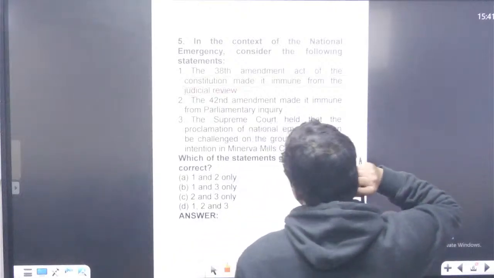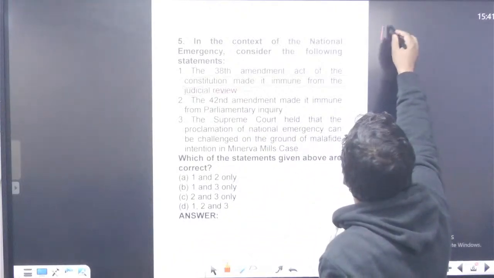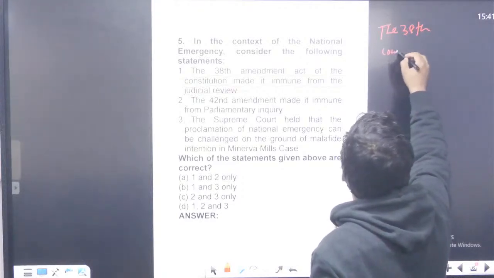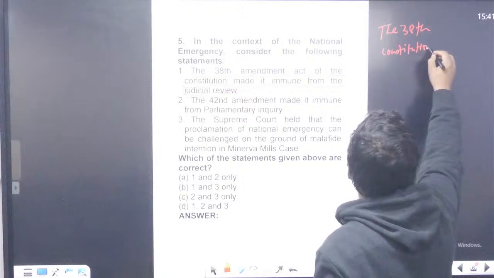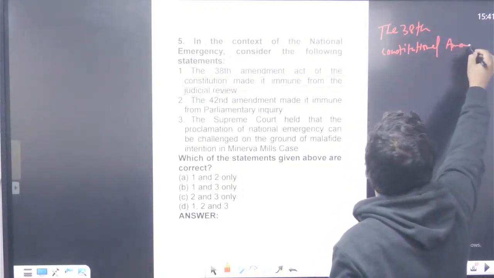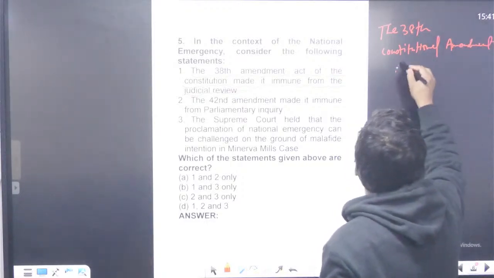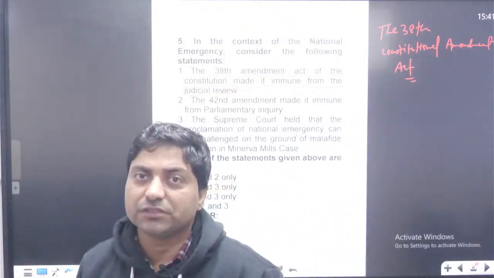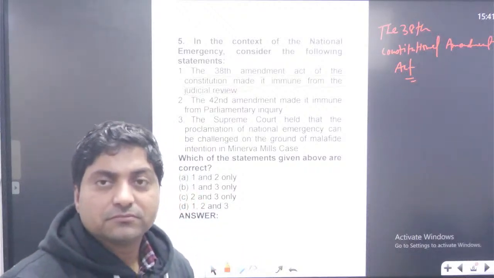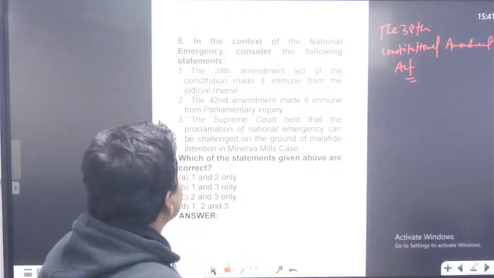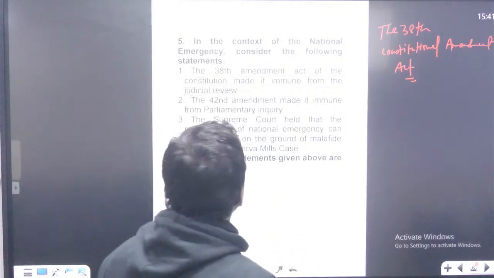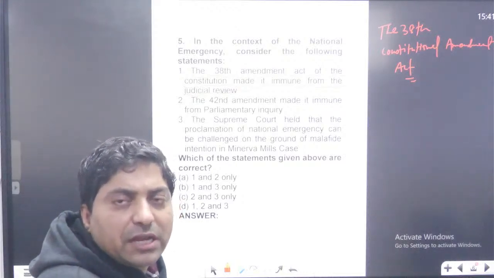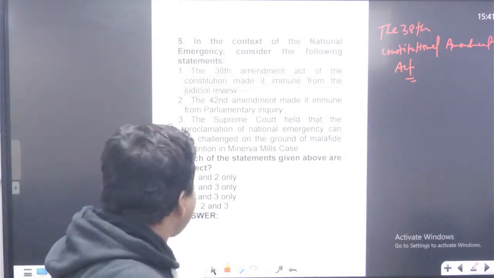If you look at the 38th Constitutional Amendment Act, it basically restricted the power of the president, and the declaration was made immune to judicial review. The judiciary cannot review it, right?